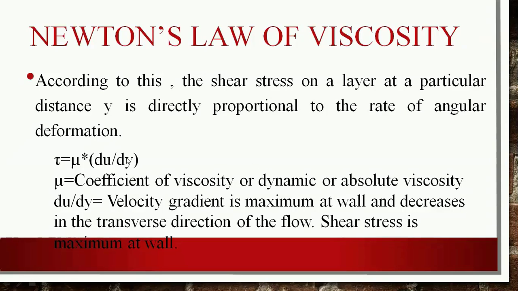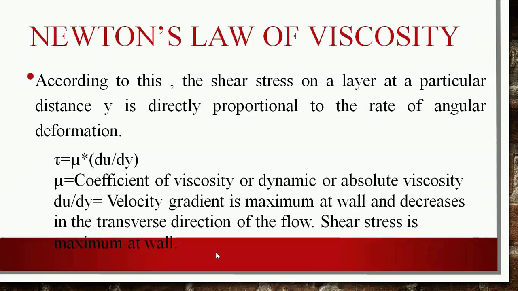So the Newton's law of viscosity formula is shear stress equals mu into du by dy. This du by dy is nothing but the velocity gradient. This velocity gradient is maximum at the wall and decreases in the transverse direction of the flow. So we can say that shear stress is maximum at the wall.